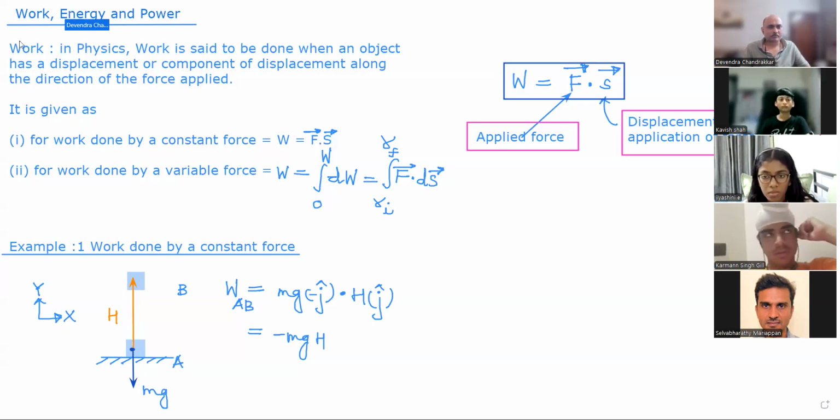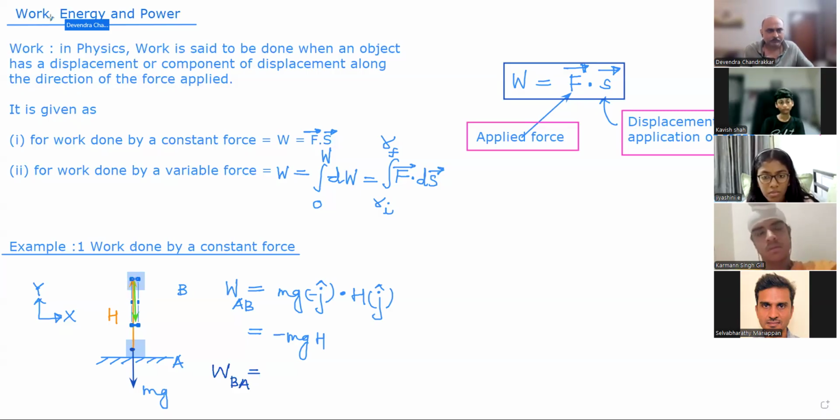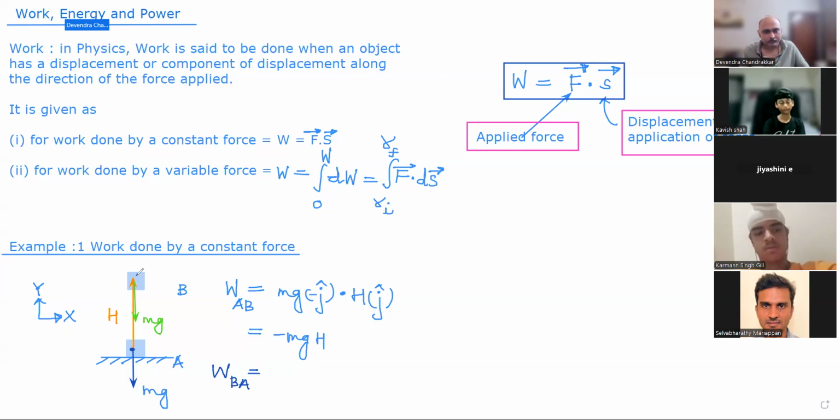Let us understand one more thing in this: work done from B to A by the same force. Now what will happen? What is the applied force here? mg only. This is the point of application, the center. The green vector is now pointing downward. Yes or no? This is mg for B to A. The displacement is again moving from the point of application, from the center of this to the center of this point. Yes or no? It is minus h j cap.